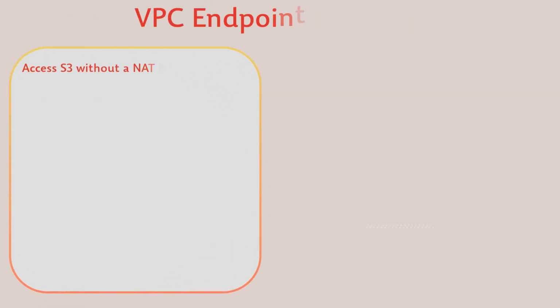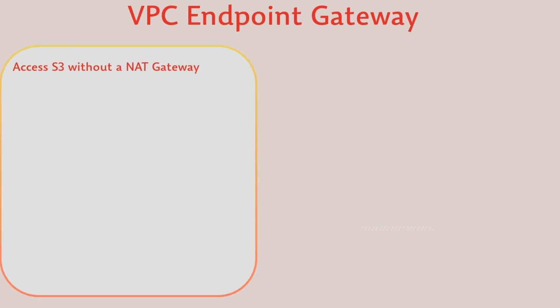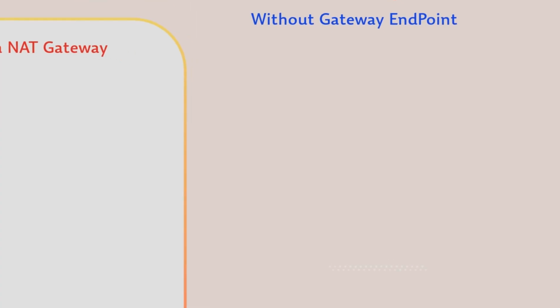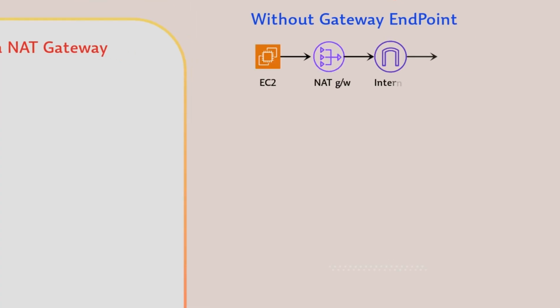It accesses S3 without a NAT gateway. Application servers upload logs to S3. Without a gateway endpoint, the traffic flow is first EC2 to NAT gateway, then internet, then S3.